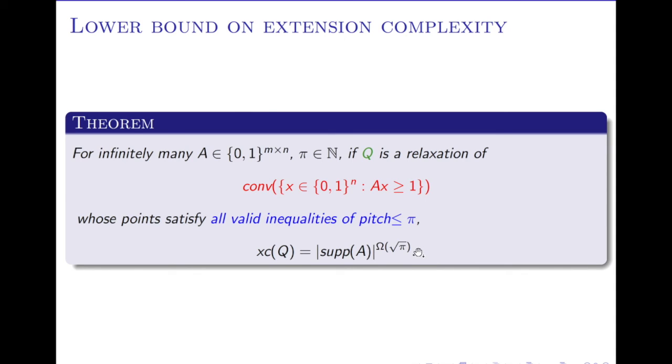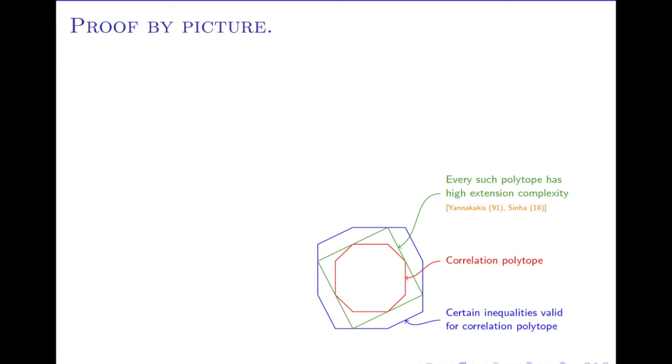And this result actually applies to any covering problems because any covering problems can be written in this particular format with the right-hand side being 1. So now let me demonstrate the proof idea through some pictures.